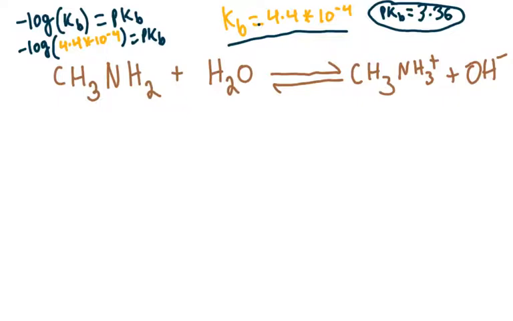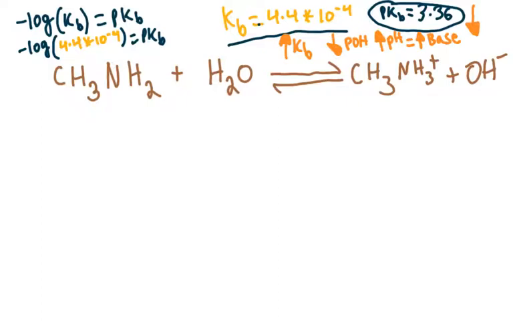The higher the Kb value, the lower the pKb value, and the lower the pOH. However, if we have a low pOH, we know that we're going to have a high pH. And a high pH means the higher the pH, the stronger the base. We'll just indicate that with an up arrow. So that's a good relationship to know.